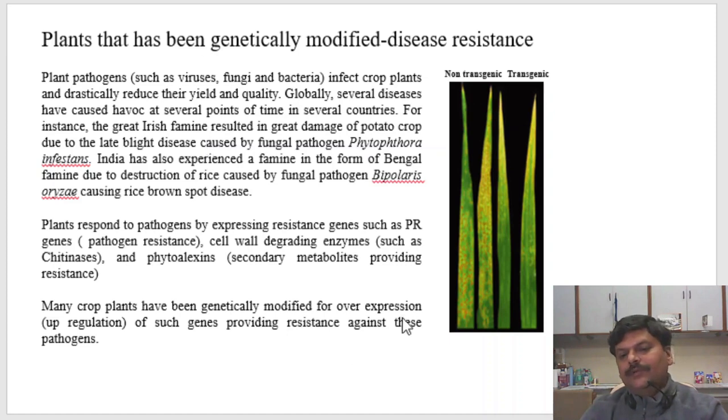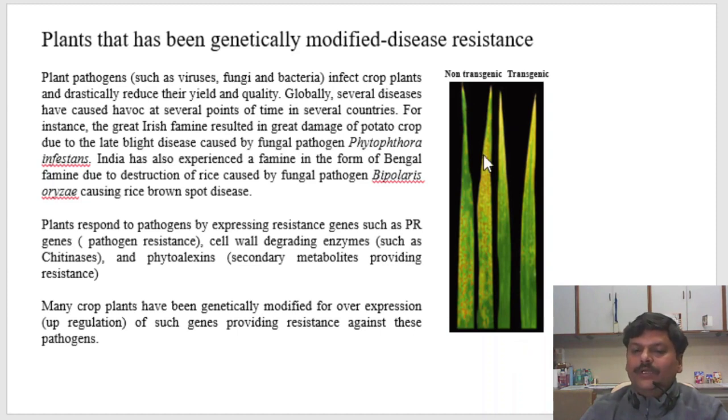Here you see the example of barley plant. Again, rust is a problem with barley, and a gene is identified in another plant, and that R gene is transformed into a popular barley cultivar. You can see the transgenic plant. It is completely green in these areas, except the tips, and it looks very healthy.